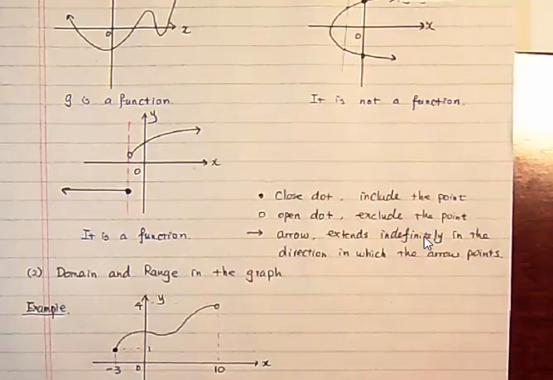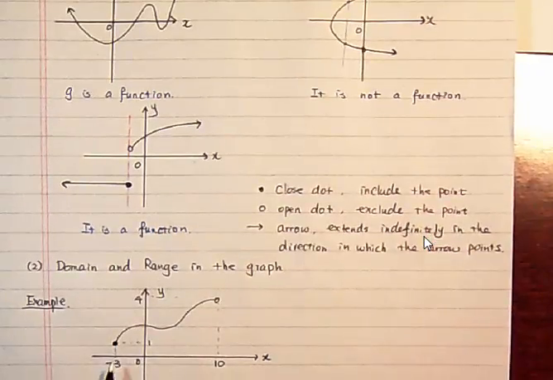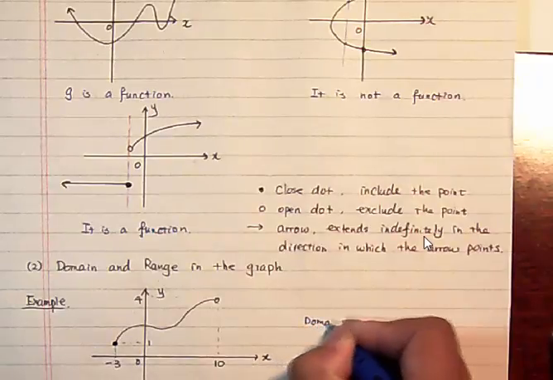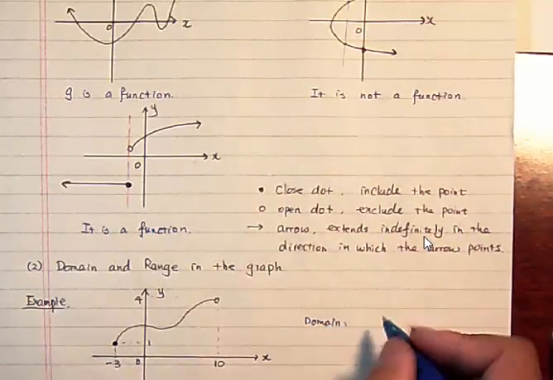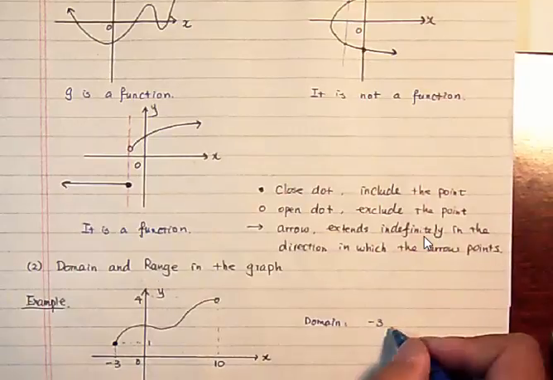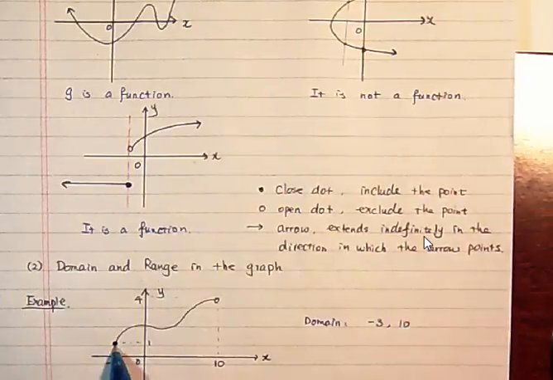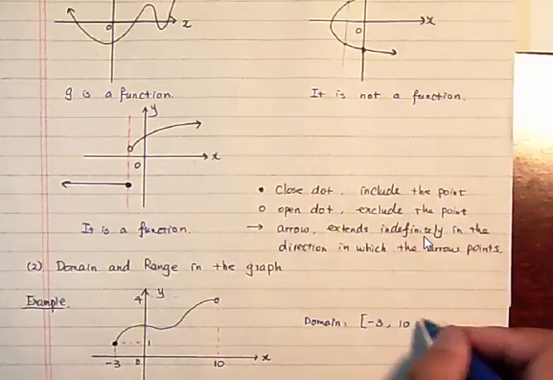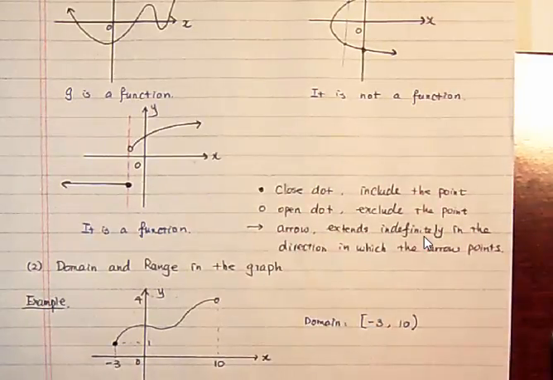So the domain is all the input which is from left to right. So we are going to write that as an interval notation for this problem. So the domain in here, the most left point is -3, the most right point is 10. -3 is a closed dot, so we're including -3 but excluding 10.